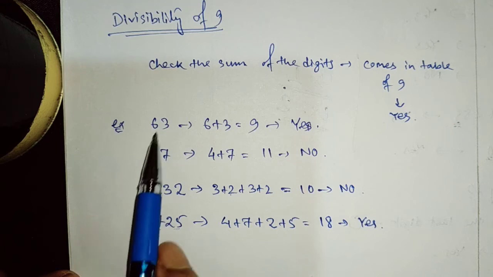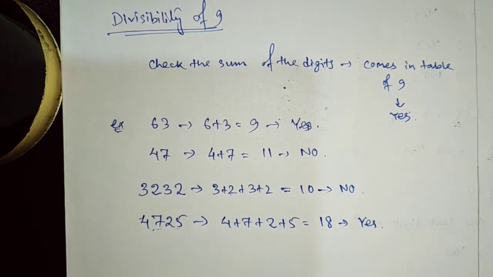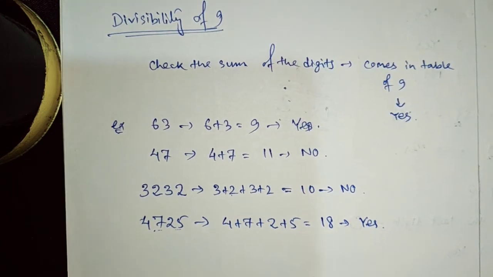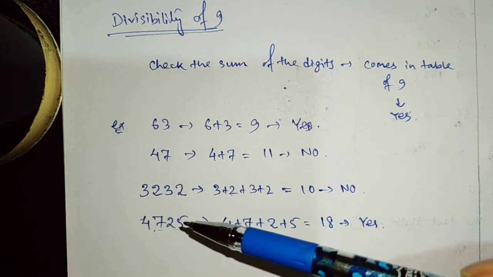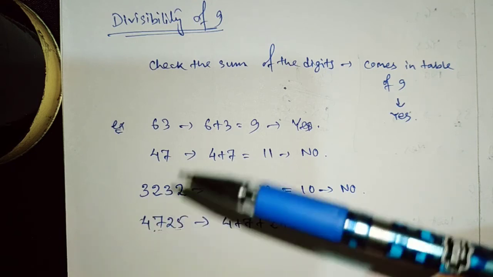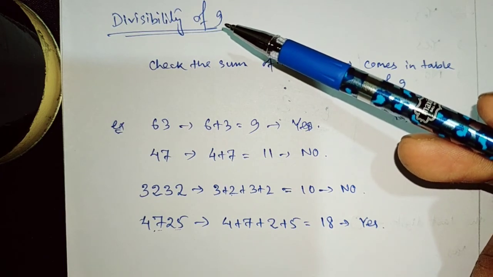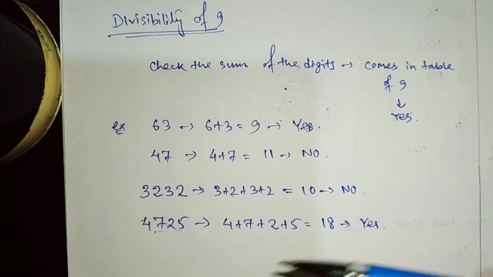Okay, so in this way we check whether bigger numbers are completely divisible by a given number or not. If a bigger number is given, to check whether it will be divisible by another number, say 9, we use this method. We don't have to divide all the way.